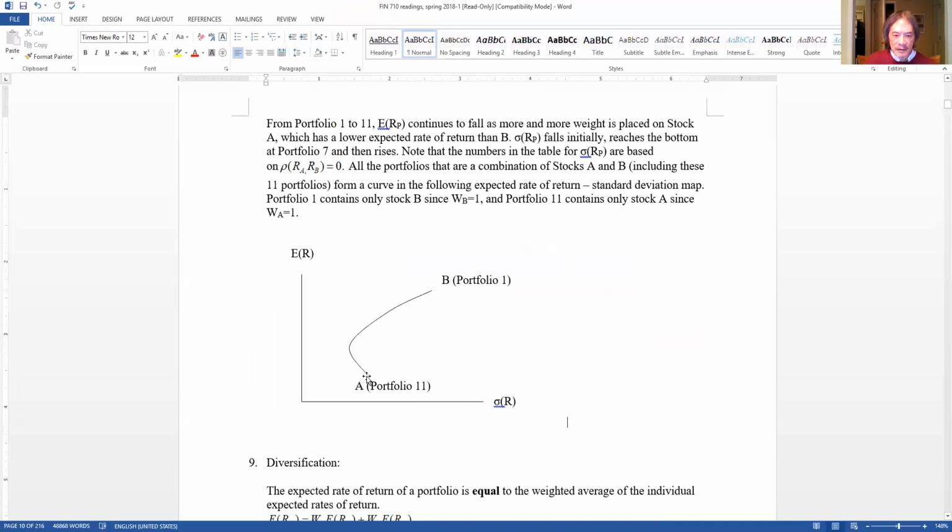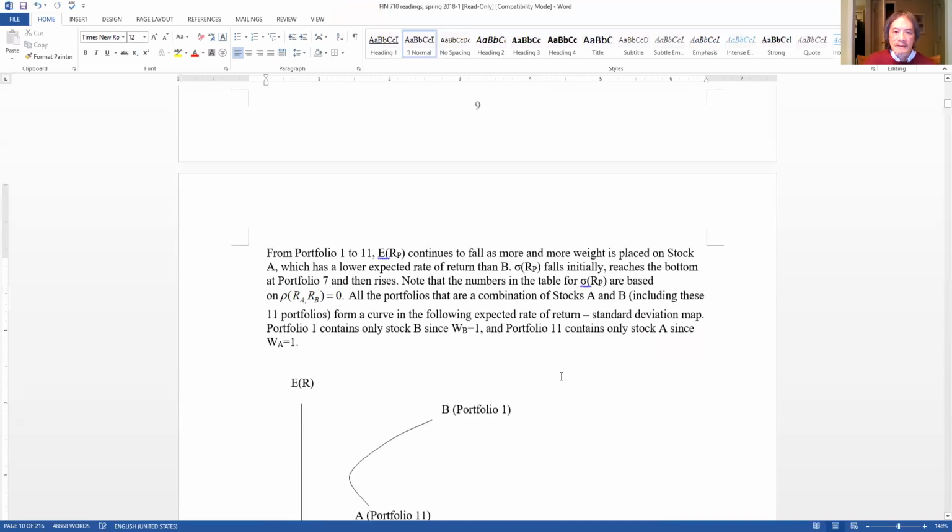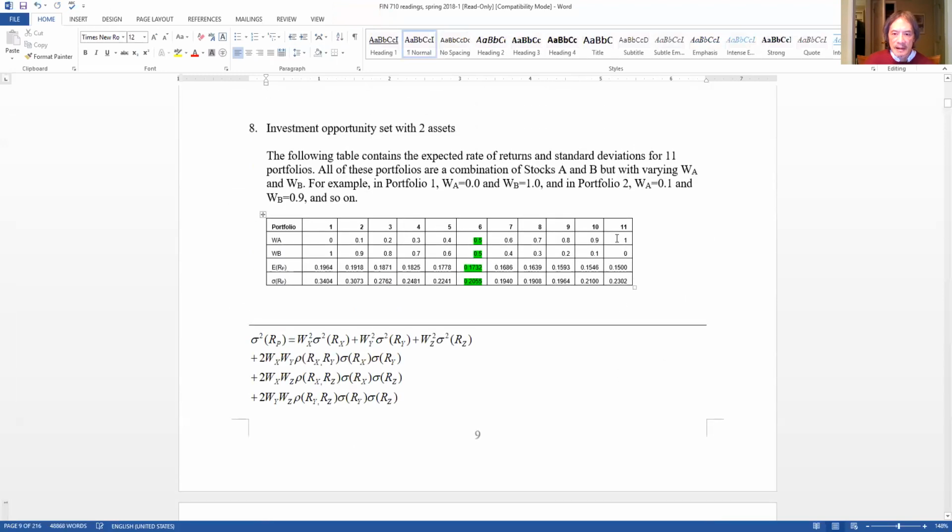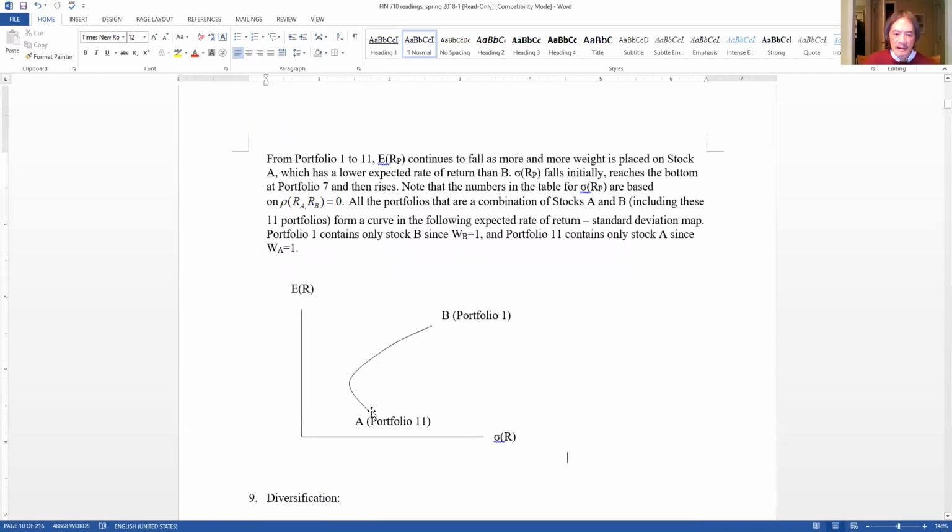This is the portfolio 11 here, with 100% investment in A and 0% in B. So basically, this is just asset A, here.